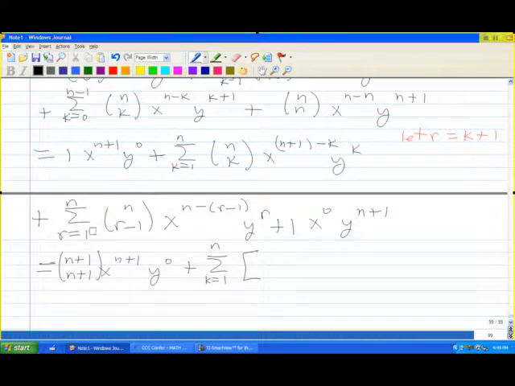Notice k goes from 1 to n, so does r, so we can think of these as being the same. The y to the k and the y to the r are obviously the same term. And then n minus r minus 1, that's n plus 1 minus r, which is the same as n plus 1 minus k. So this is the same as nCk plus nC(k minus 1) x to the n plus 1 minus k y to the k, plus the very last term.